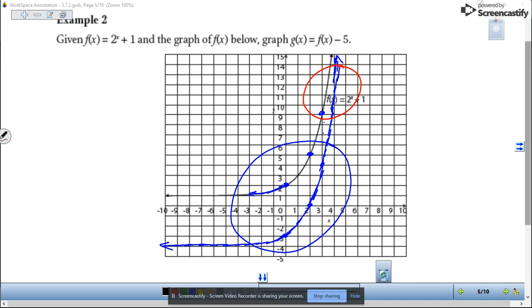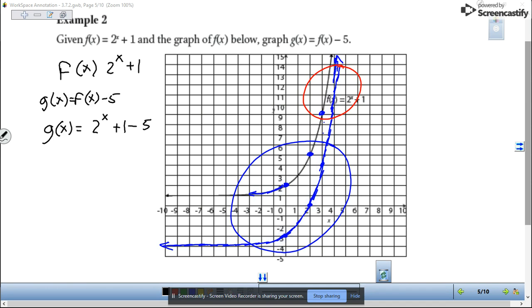Now, the other thing that we can do is this. Since f of x is 2 to the x power plus 1, and then g of x is f of x minus 5, what I really want to do is use my lesson 3.71 to realize that g of x is actually 2 to the x plus 1 minus 5.